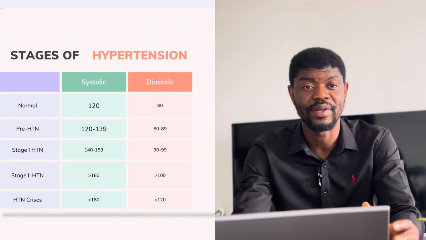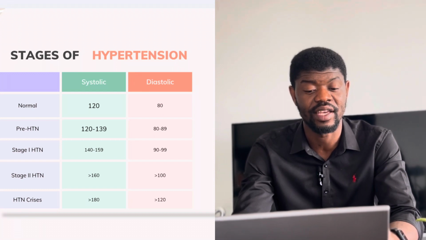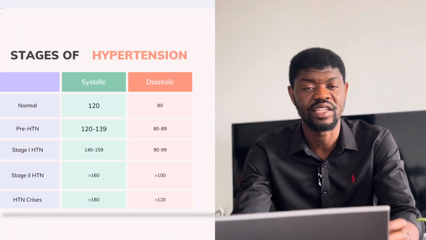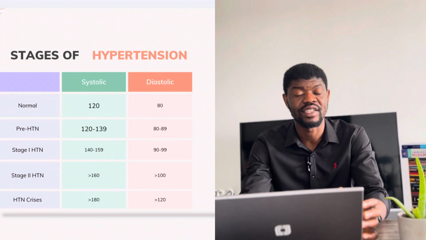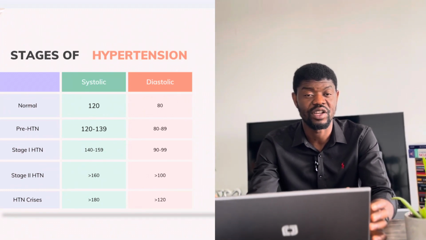So we have four different stages of hypertension. We have your pre-hypertension stage, where your blood pressure is usually between 120 and 139 systolic, and then 80 to 89 diastolic. For stage 1 hypertension, your systolic blood pressure increases between 140 and 159, with your diastolic pressure ranging between 90 and 99.